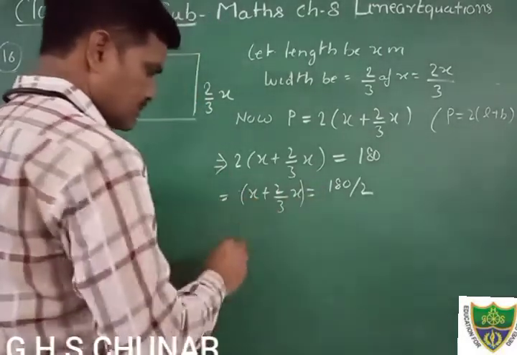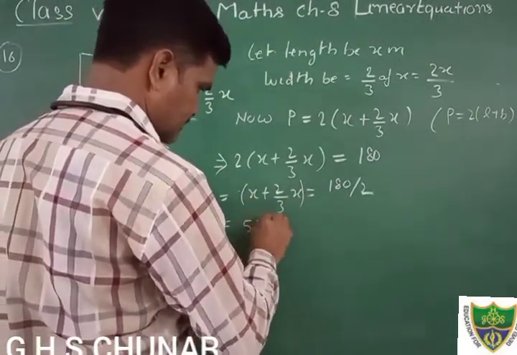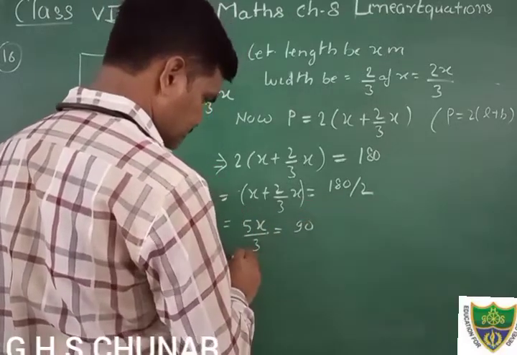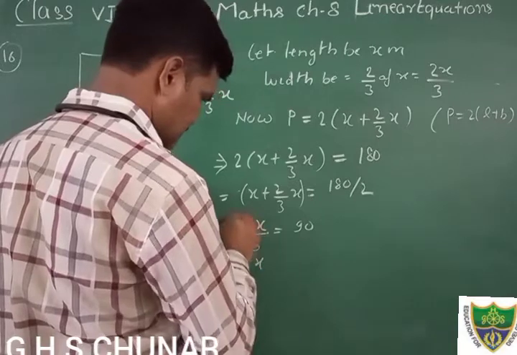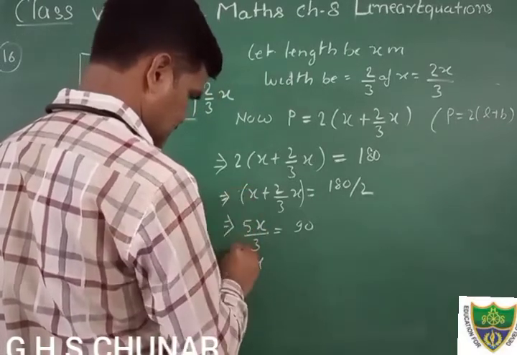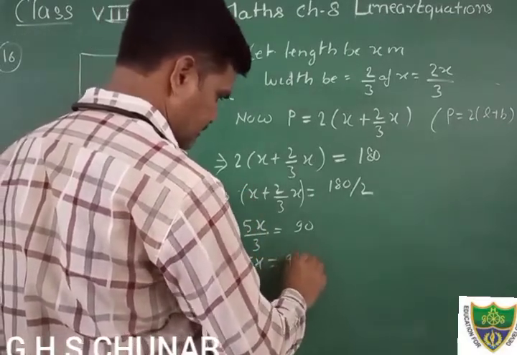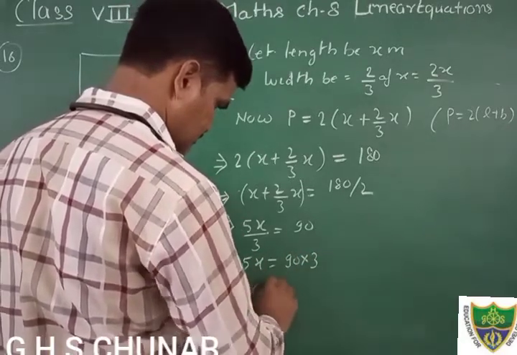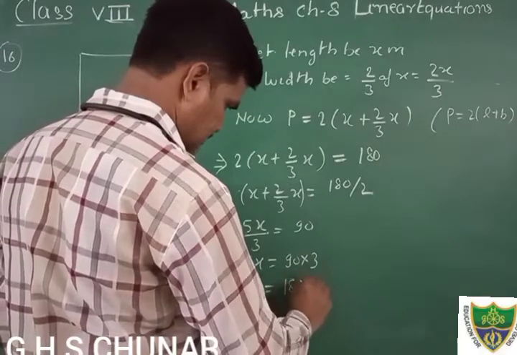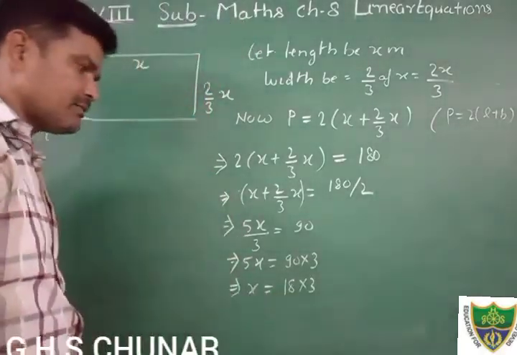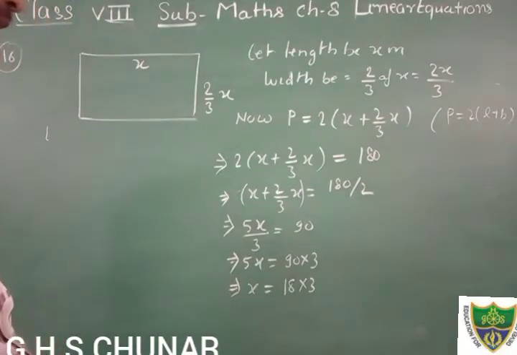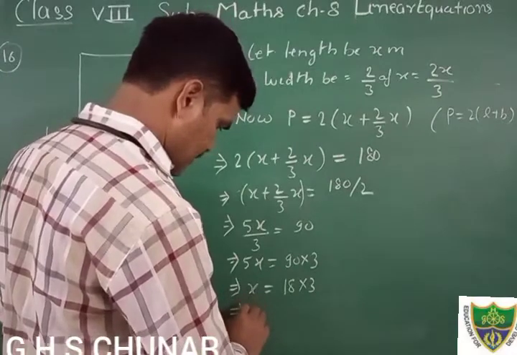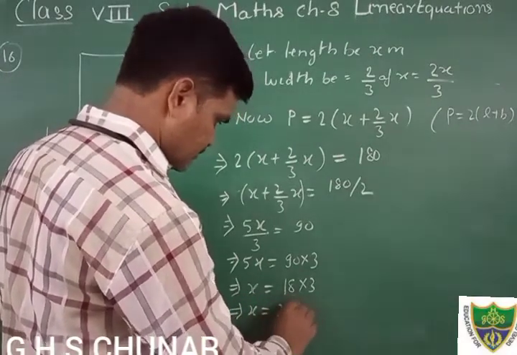When you solve it, it will give 5x upon 3 is equal to 90. 5x is equal to 90 into 3. Then x is equal to 90 into 3, and when you divide both sides by 5, this implies x is equal to 54.